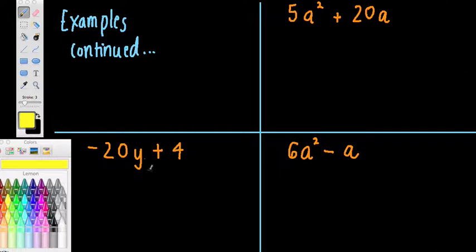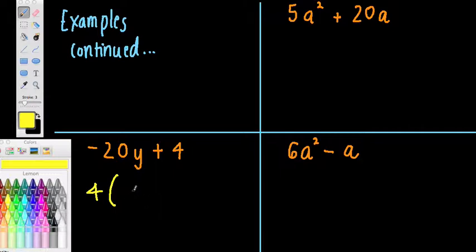I'll start off with this one on the bottom left. Now this one here, I do have a negative, but not to worry, we'll do it exactly the same way as before. We might need to do a little trick at the end just to make it look a little bit nicer. So here I've got a negative 20 and I've got 4. So what number goes into both of those? 4 goes into 20, so the highest common factor must be 4.